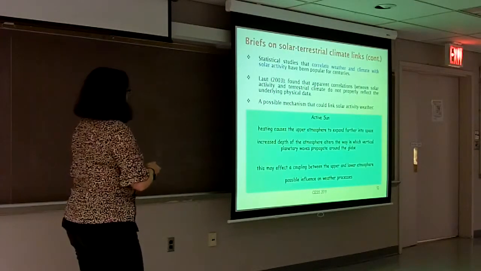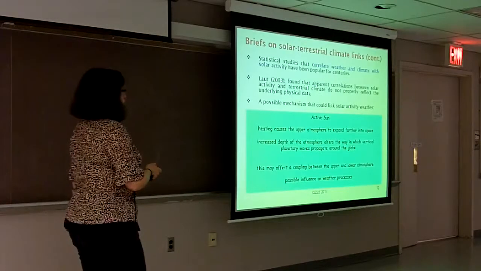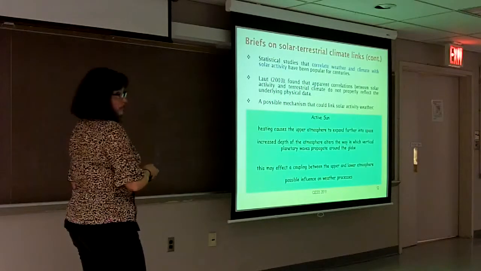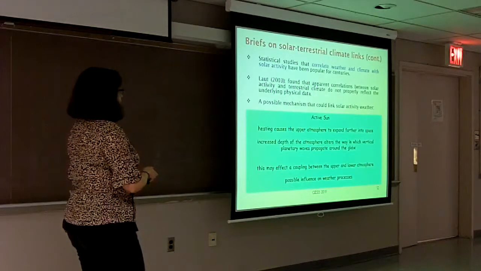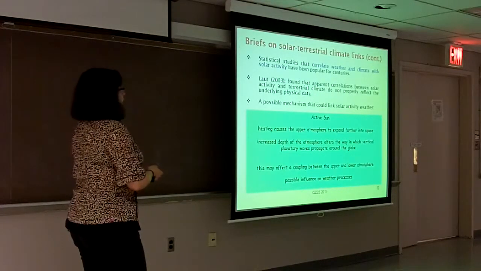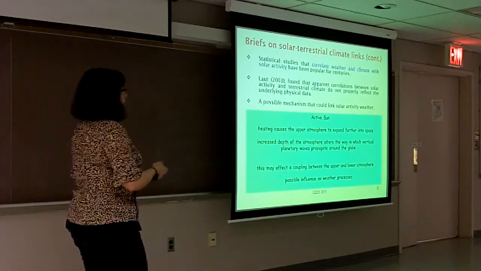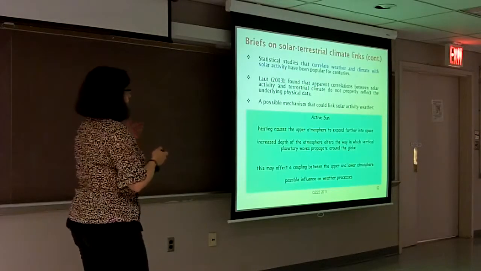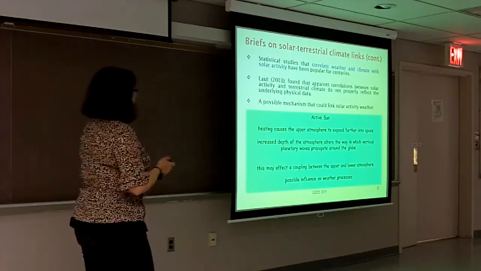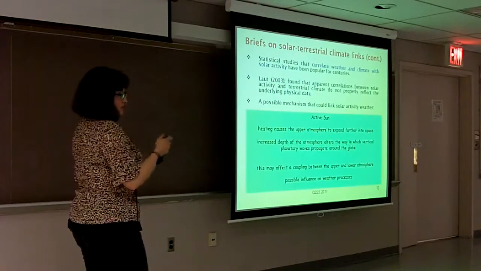And in 2003, Laut found that apparent correlations that people are reporting between solar activity and the terrestrial climate do not properly reflect the underlying physical data. So it is important to know that some of the correlations that people are getting, and shouting that they have high correlations between certain phenomena of solar activity and the terrestrial climate, are not really true, because they are mostly ignoring the physics of the problem.